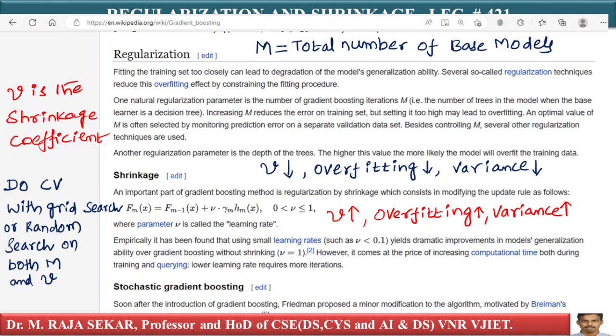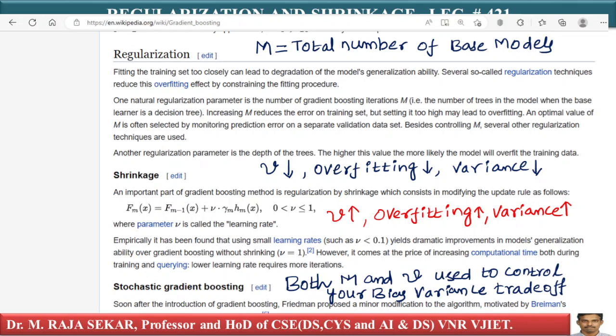We do grid search on both of them and find the best ones, whichever values of capital M and nu reduce your cross validation error to the minimum. That's the ideal way to do it. Both capital M and nu are used to control your bias-variance trade-off.